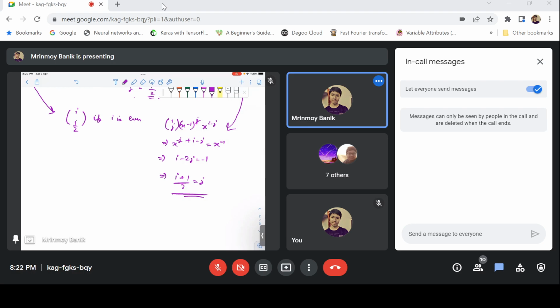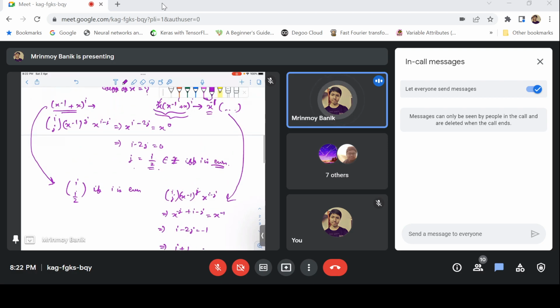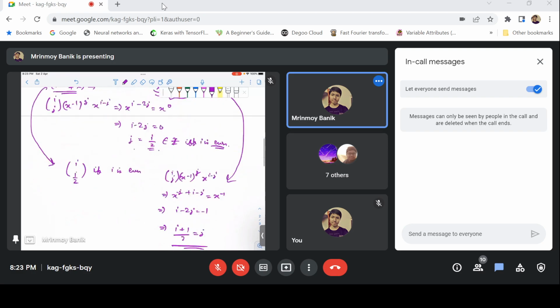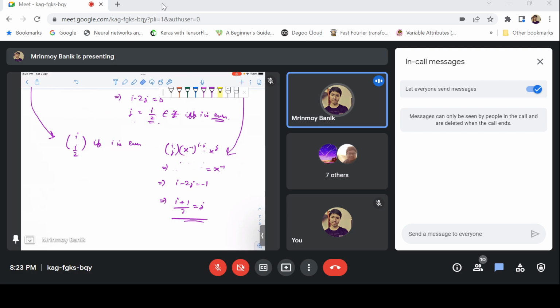It is x power minus 1 power i minus j times x power 1 power j. That's why I was getting it in minus.